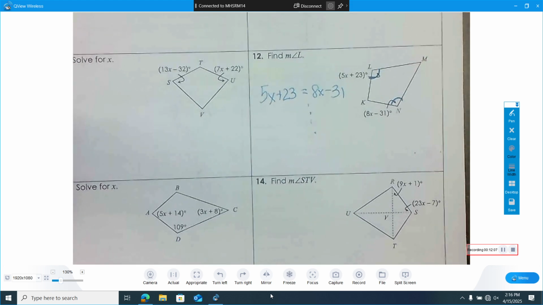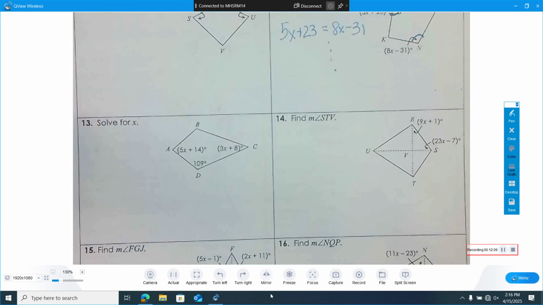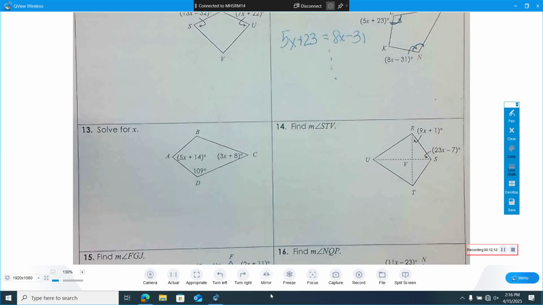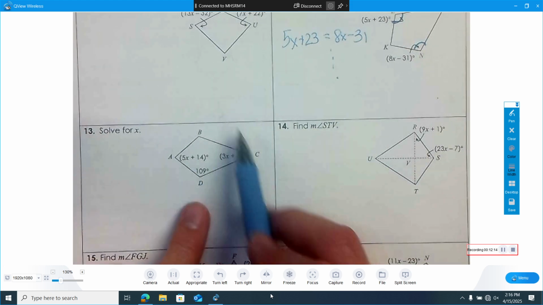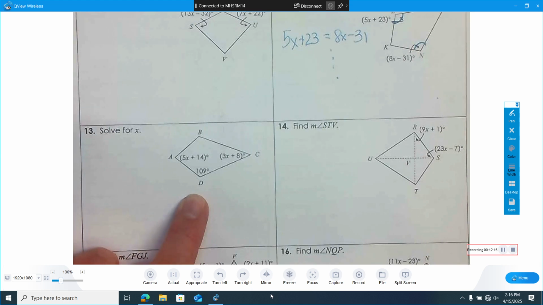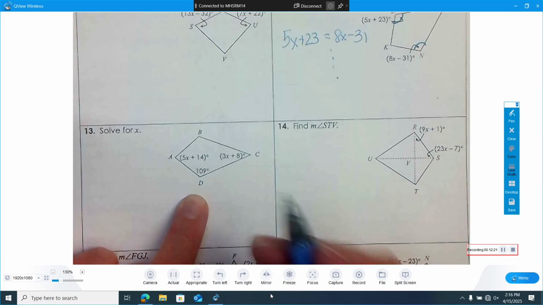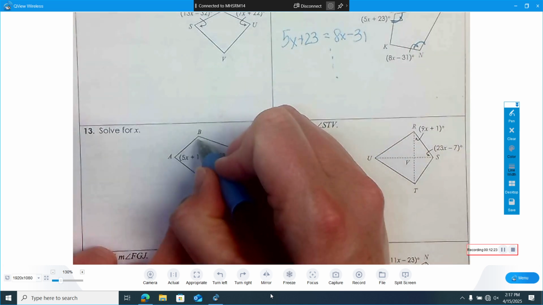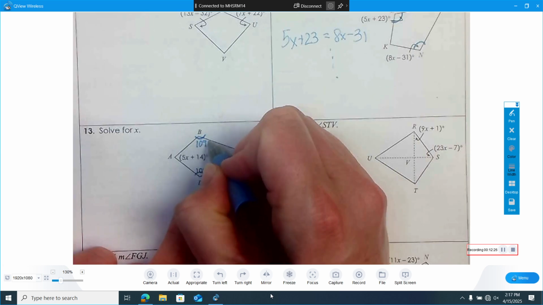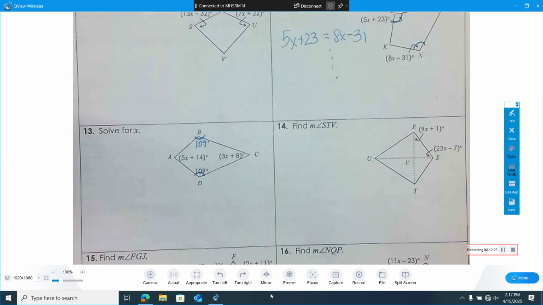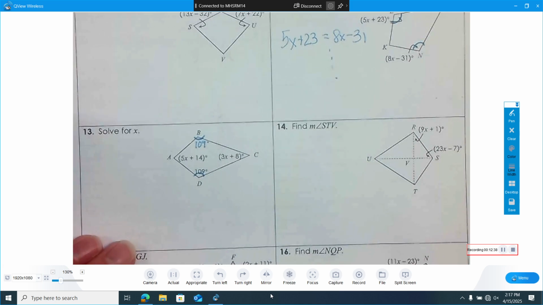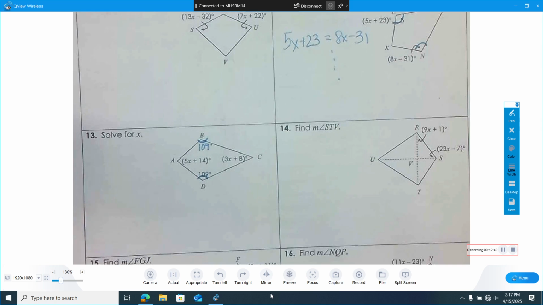Let's look at 13. Number 13. What information do we need to add to our little kite here? Another 109. Angle B is also 109 degrees. We do 109 plus 109 plus 5x plus 14 plus 3x plus 8 equals 360 degrees.